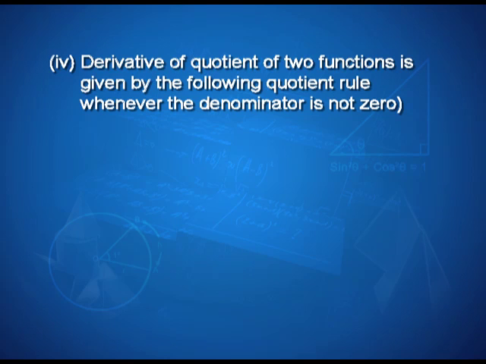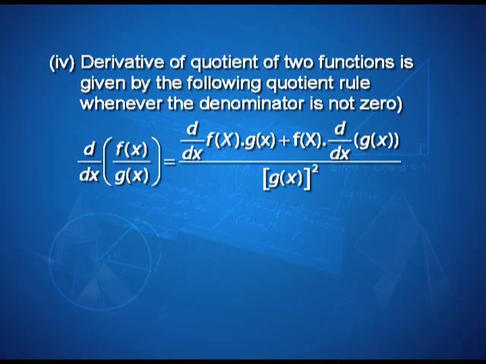Derivative of quotient of two functions is given by the following quotient rule: wherever the denominator is not 0, dy/dx of f(x) upon g(x) is equal to dy/dx of f(x) into g(x) plus f(x) into dy/dx of g(x), divided by g(x) whole square.